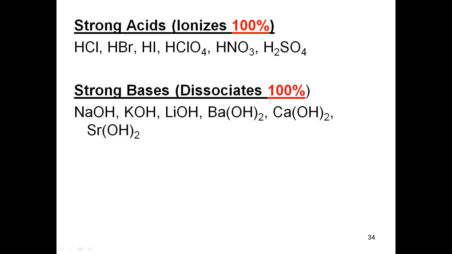It's your ammonia-type compounds, NH2 something or NH something, NH3 for ammonia, and then your anions. The anions of your species can also be basic. For example, CO3 2-, the carbonate ion, is a base. Something like sodium carbonate is a basic solution. But we'll talk more about that as we go on in the semester.